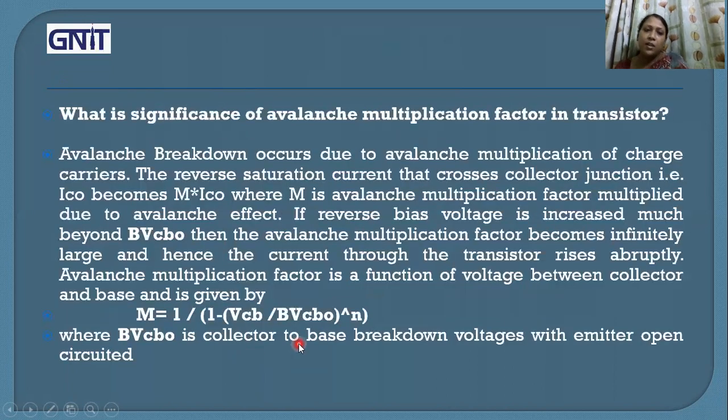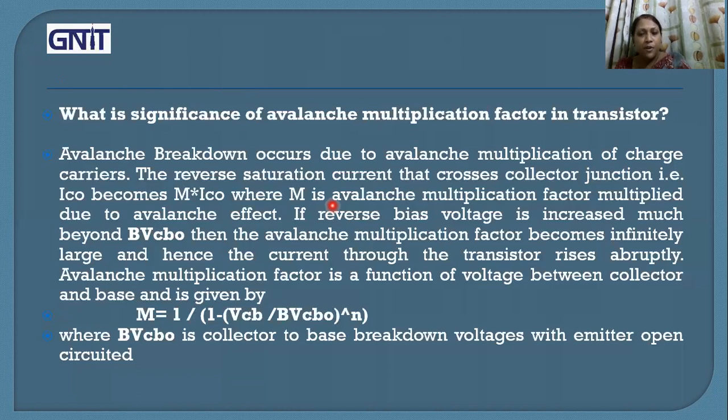So what is the significance of the avalanche multiplication factor in a transistor? Actually, avalanche breakdown occurs due to avalanche multiplication of charge carriers. The reverse saturation current that crosses the collector junction, that is ICO, becomes M times ICO, where M is the avalanche multiplication factor.